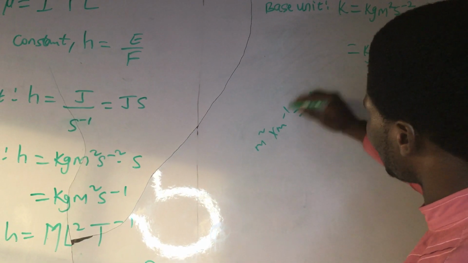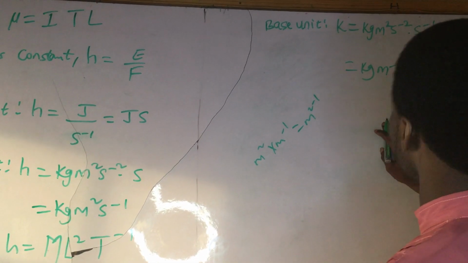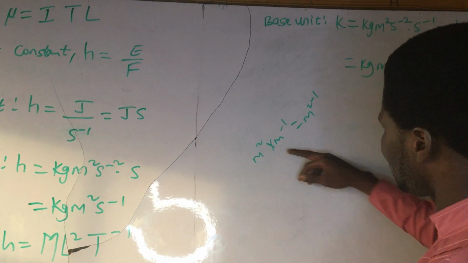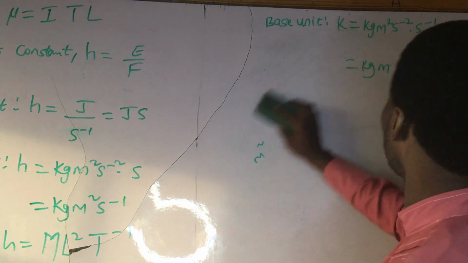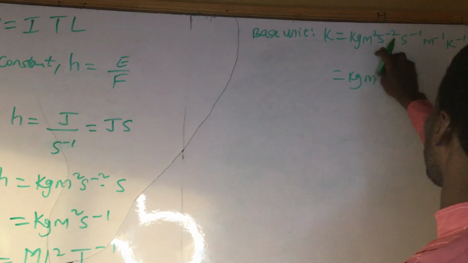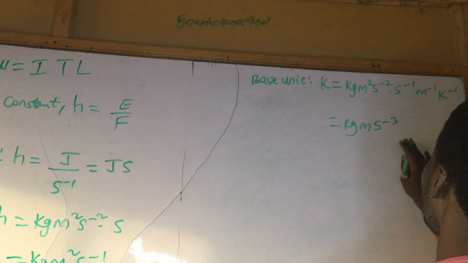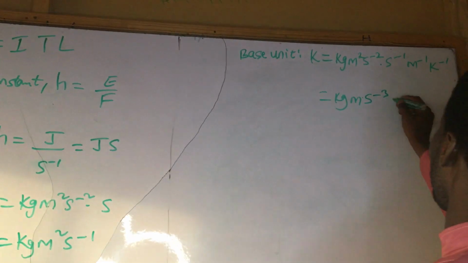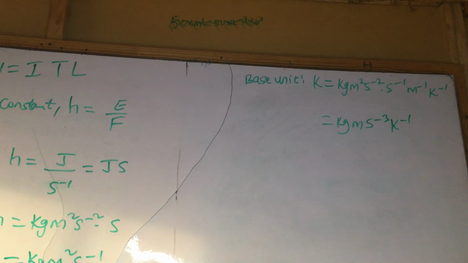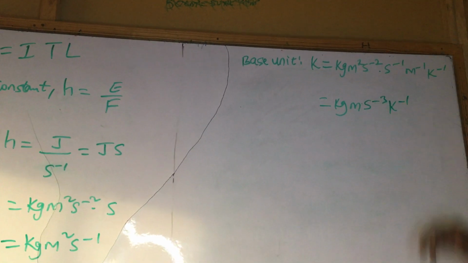That's 2 minus 1, so that gives us ordinary m. Okay? Per second squared times per second will give us s raised to power minus 3. Then we have per Kelvin. Kilogram meter per second cube per Kelvin.